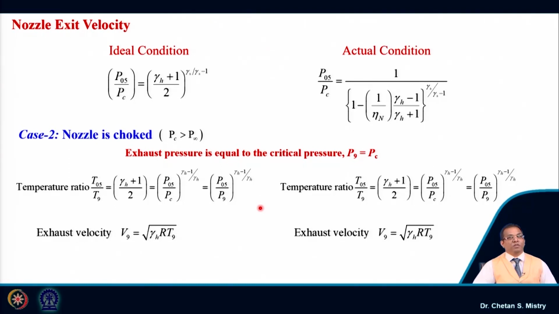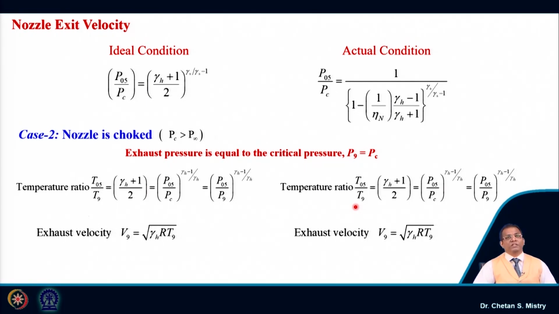Be very careful: if I calculate my critical pressure and it comes greater than the atmospheric pressure, then I select my exit pressure equal to my critical pressure, and in that way we put it in the equation for the temperature ratio which we use for calculating our exhaust velocity. Similarly, for the actual condition we incorporate our nozzle efficiency term and calculate our exhaust velocity.